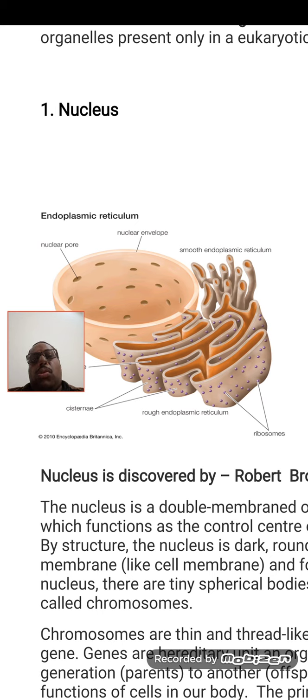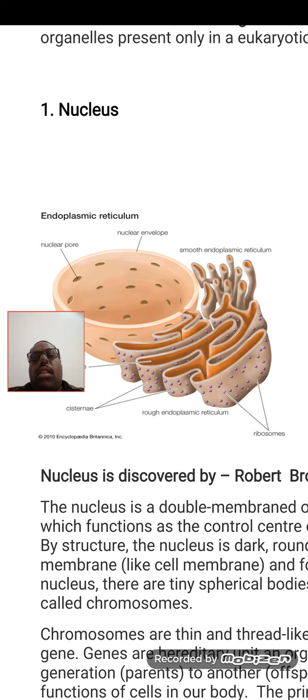If ribosomes are present, that endoplasmic reticulum is called rough endoplasmic reticulum. If the ribosomes are absent, it is called smooth endoplasmic reticulum. You can make this out from the diagram.